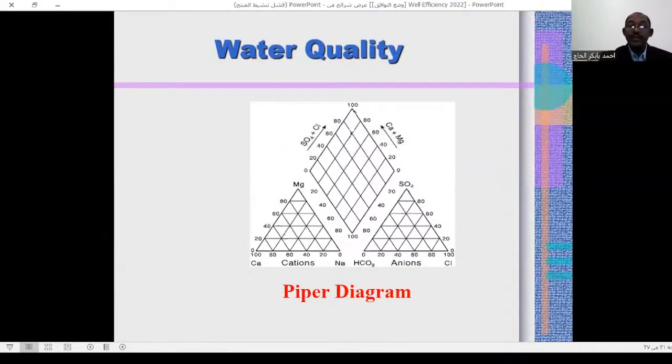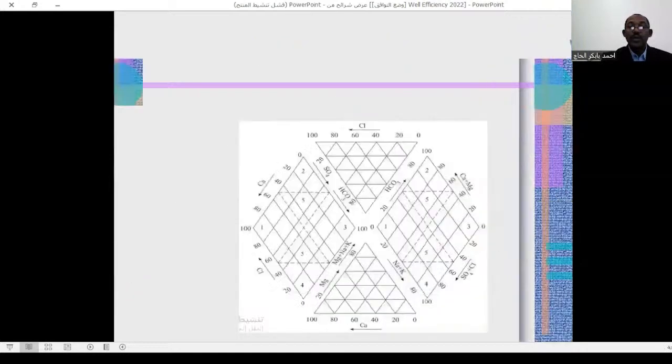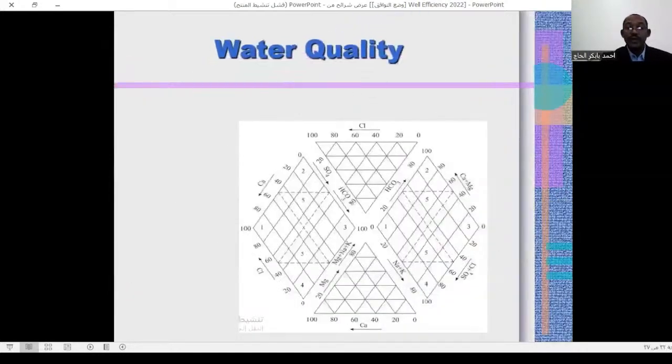The world studies the Piper diagram, but in my book, including this presentation, I divided four new diagrams to discuss water quality. This is one of the diagrams, showing five zones: zone 1, zone 2, zone 3, zone 4, and zone 5, in this slide.